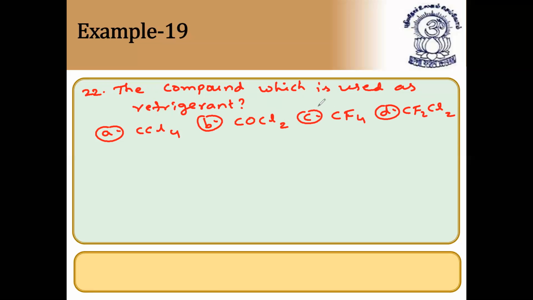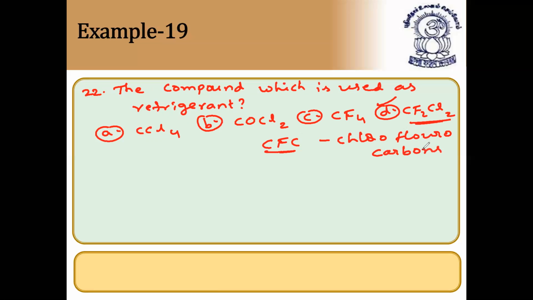So the compounds used as refrigerants are released from refrigerators. That's why this causes depletion of the ozone layer, due to the release of chlorofluorocarbons. CFCs, we call them CFCs. CFC is nothing but chlorofluorocarbons.